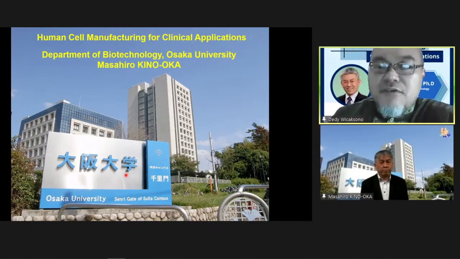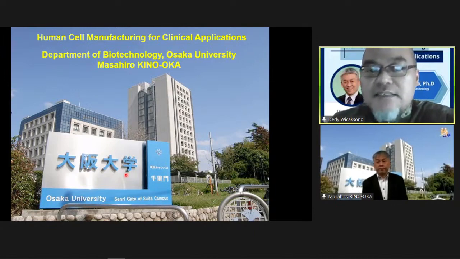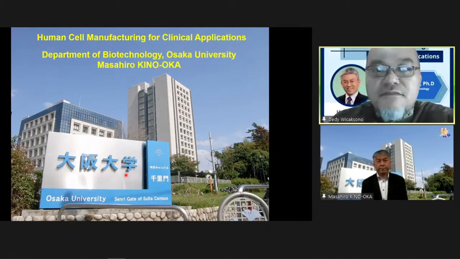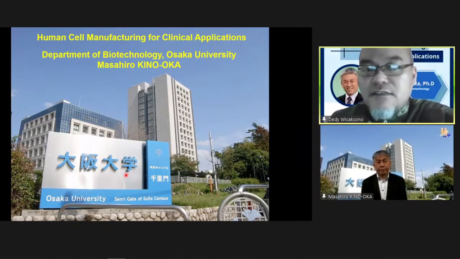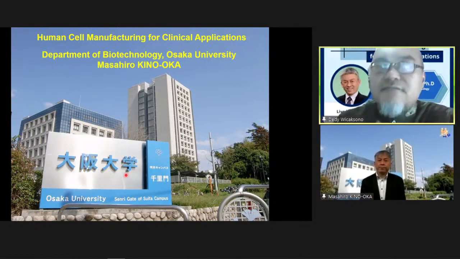In addition, Kinooka Sensei becomes board of director for the Japanese Society for Regenerative Medicine, JSRM, and Health Science Council member in Ministry of Health, Labor and Welfare, collaborating with the regulatory side of Japanese FDA, which is PMDA, to establish the guideline for aseptic cell processing.